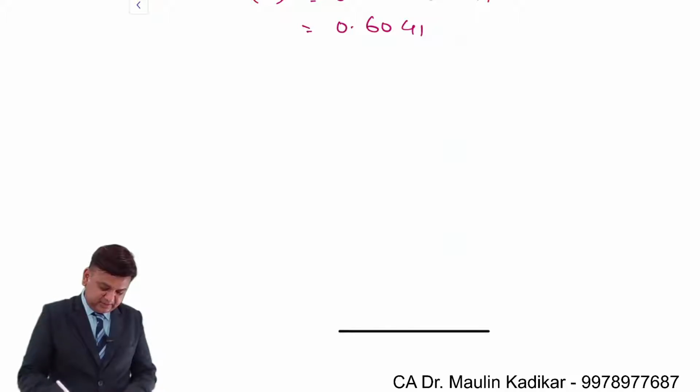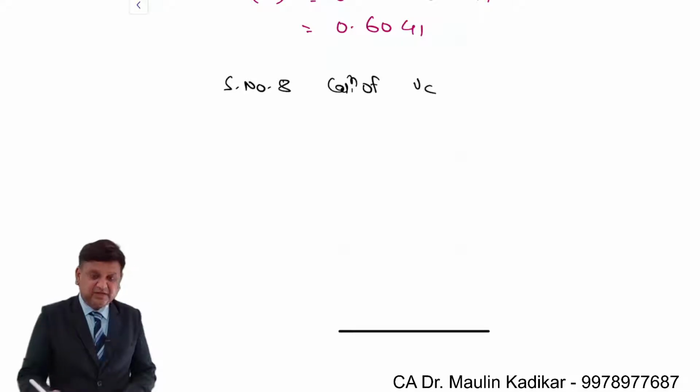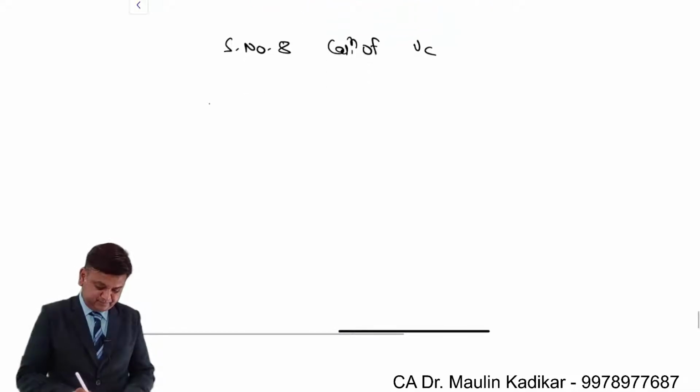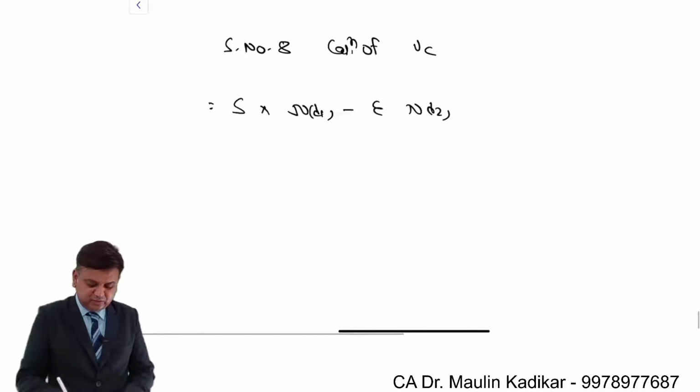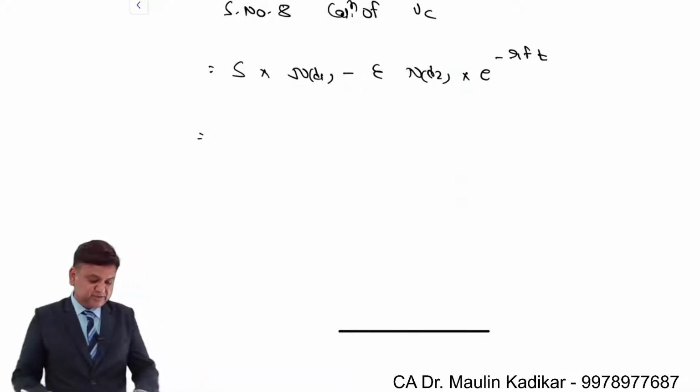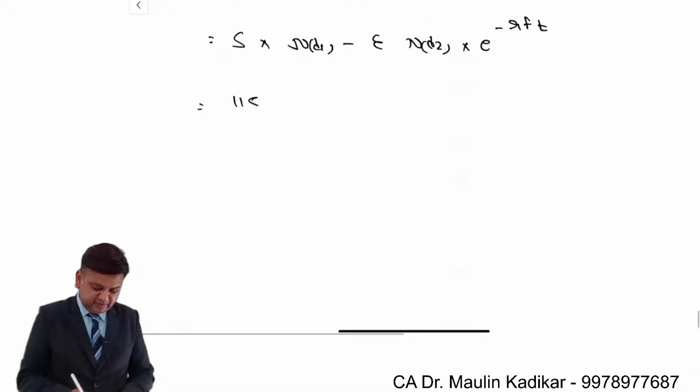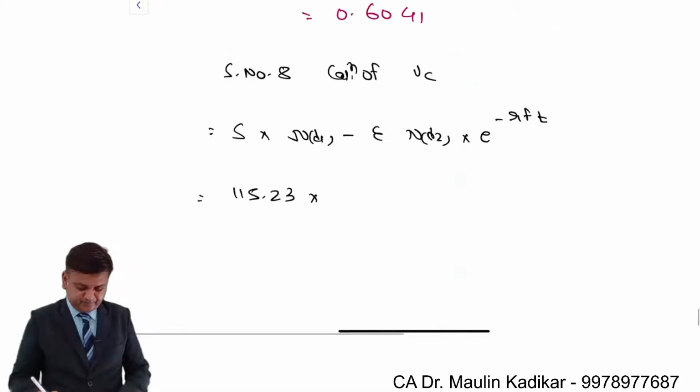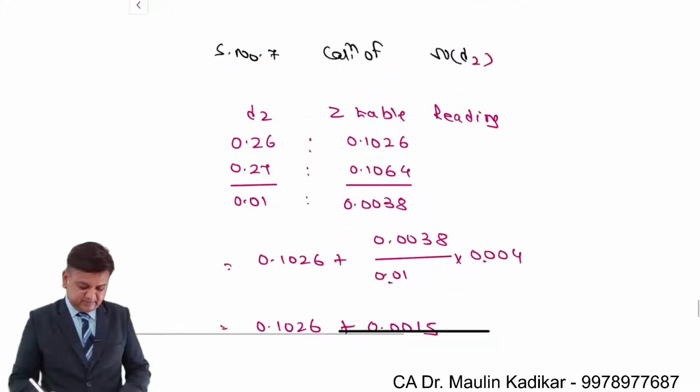Step number 8. Calculation of value of call. Spot into ND1 minus E into ND2 into E raised to negative RF into T. Spot price of the equity share is 115.23 into ND1.